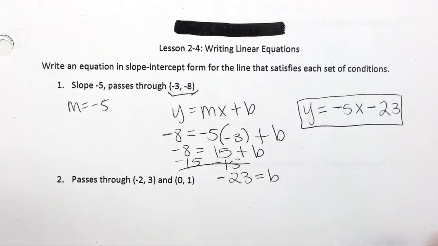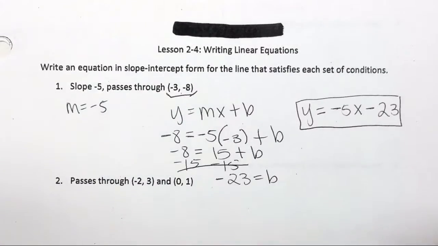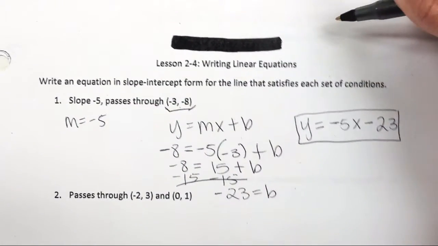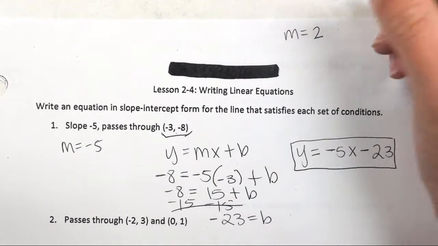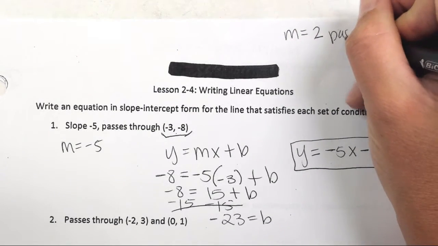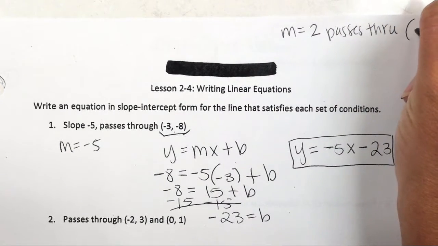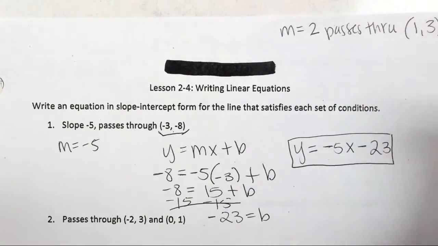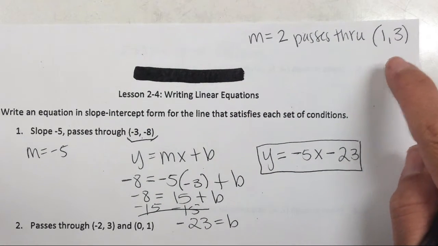All right. I want you to work another one like this on your own. But write it up here. I want you to write m equals 2 and passes through 1, 3. This is at the top of your paper. I want you to try this one on your own.